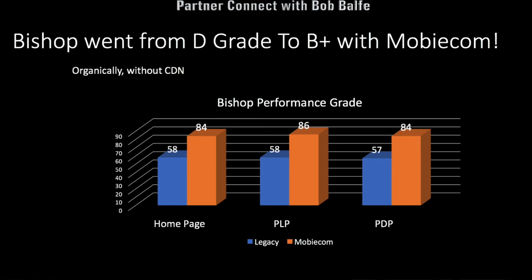What's interesting about this Pingdom test is that we tested the sites organically without a CDN. The Bishop performance on the homepage, as an example, was 58%, which was a D, and then 84%. On the product listing page, it went from 57% to 86%. And on the product display page, it went from 57% to 84%. Those are pretty drastic changes.